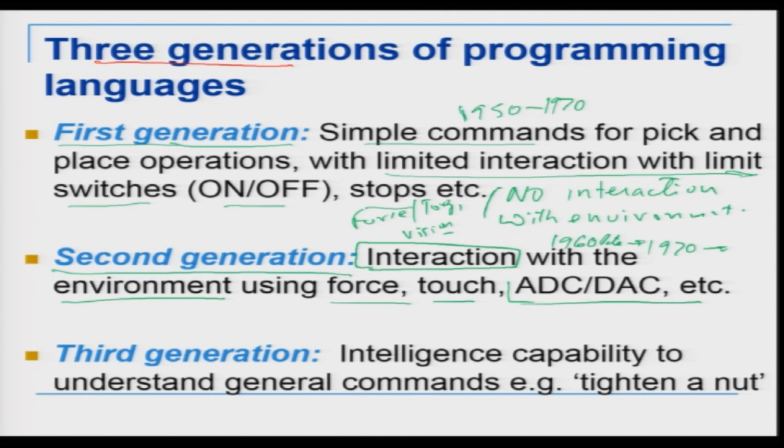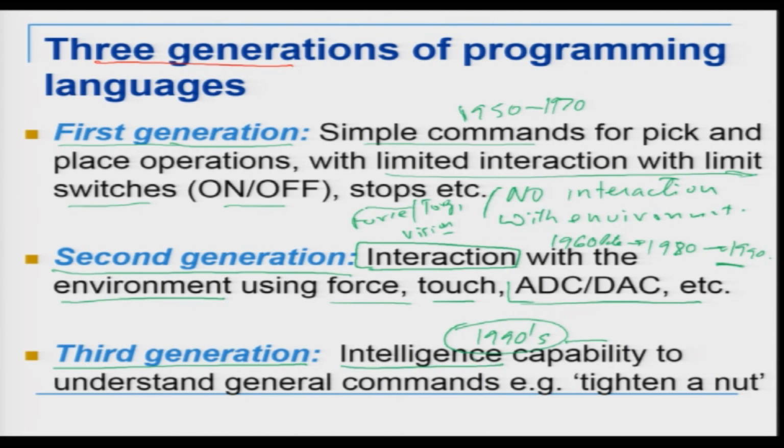The third generation languages are what we have today. So, the first is about 50s to 70s, the second is 70s to about 80s, and after the 80s we are in the case of third generation languages, which are what we call intelligent languages.